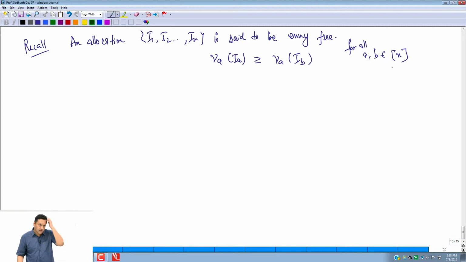So this is just a repeat of the definition. No one wants to swap, no one values someone else's interval more than their own.